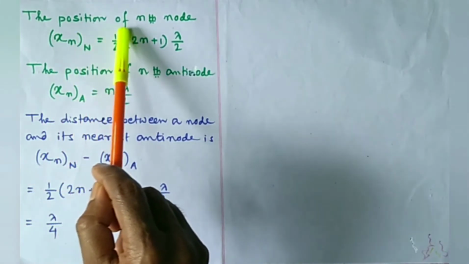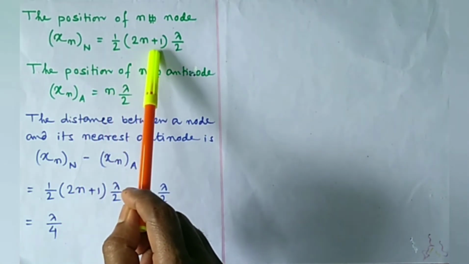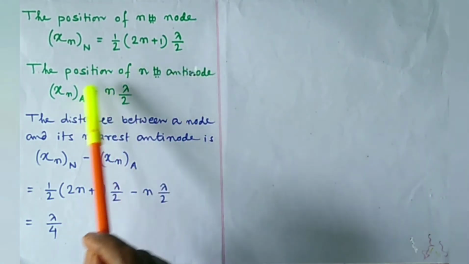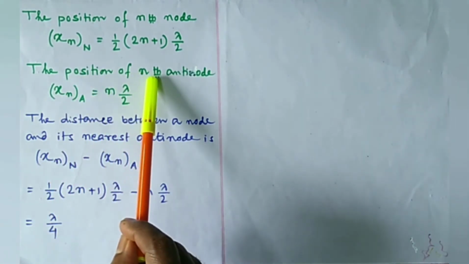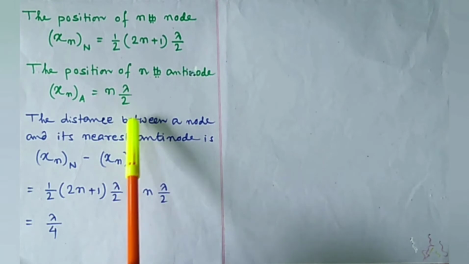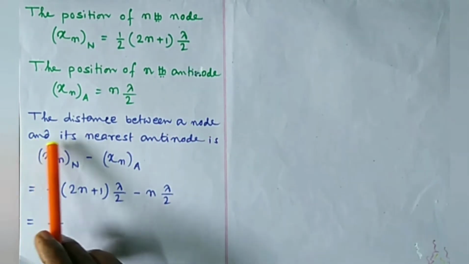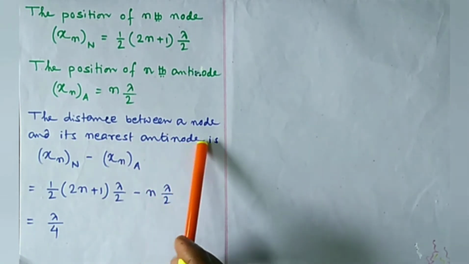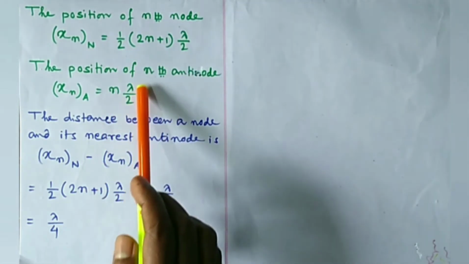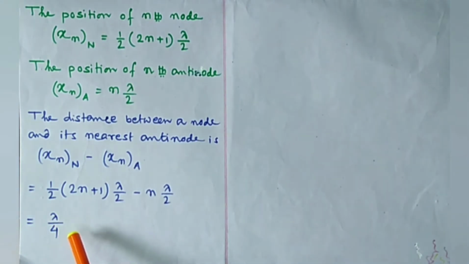The position of nth node is equal to half 2n plus 1 into lambda by 2, and the position of nth antinode is equal to n into lambda by 2. Then the distance between a node and its nearest antinode will be this minus this, and that is equal to lambda by 4.